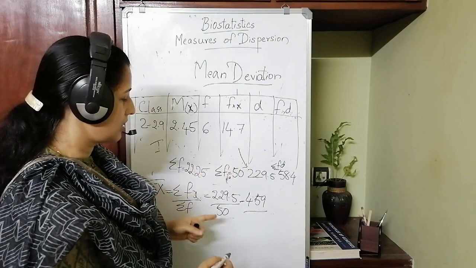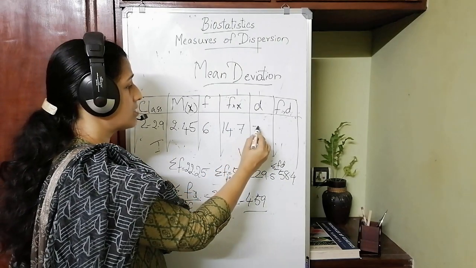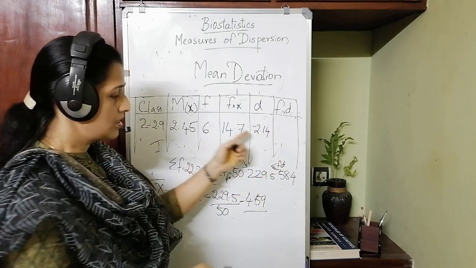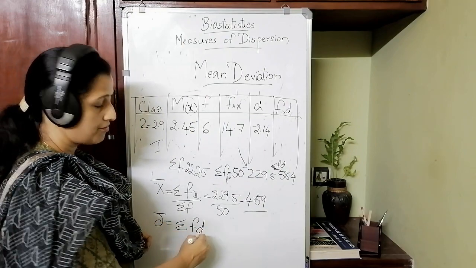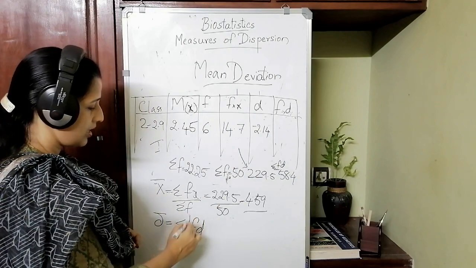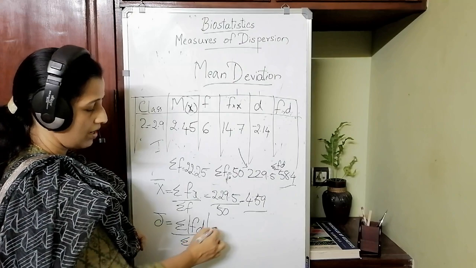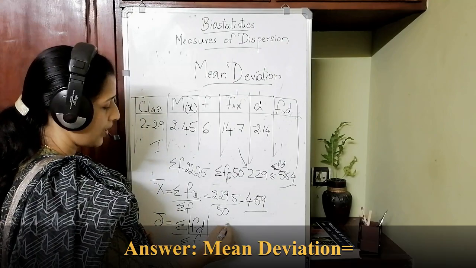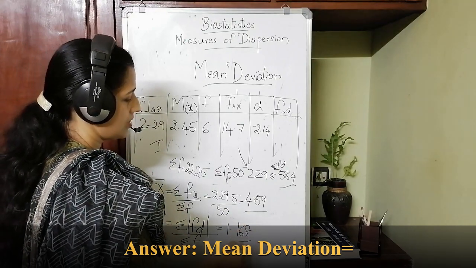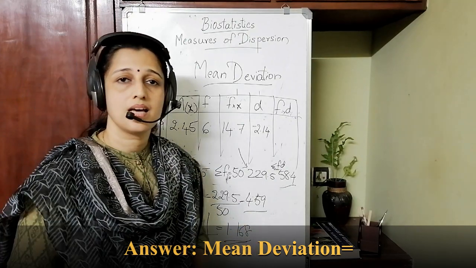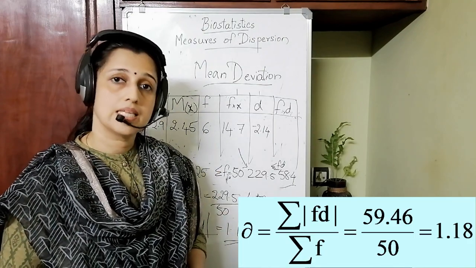Here we calculate the deviation by subtraction, and we get minus 2.14 for the first value. Then delta is equal to the absolute value of sigma fd divided by sigma f, which is equal to 1.168. In all the questions, this is how we compute the mean deviation.